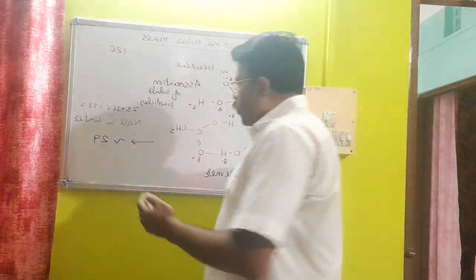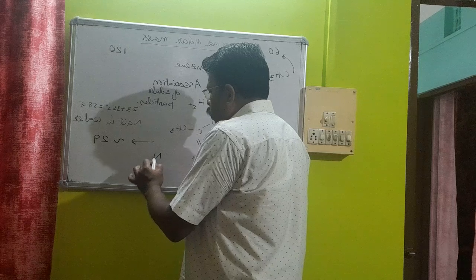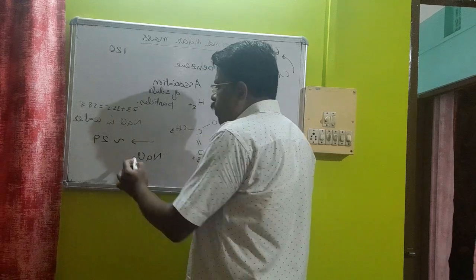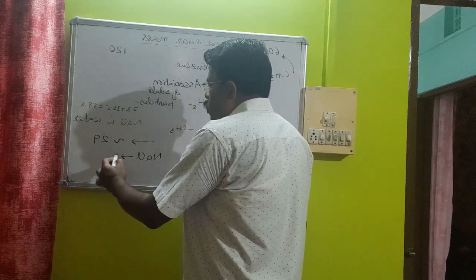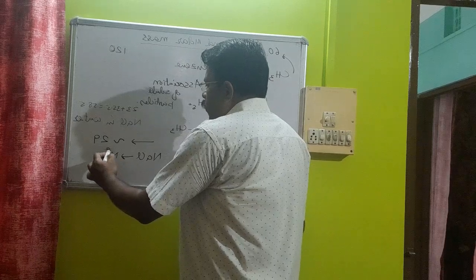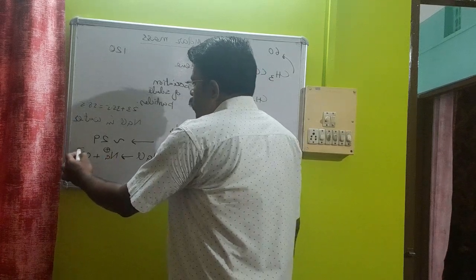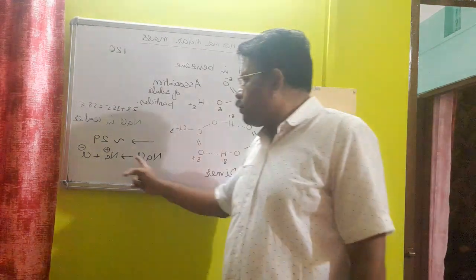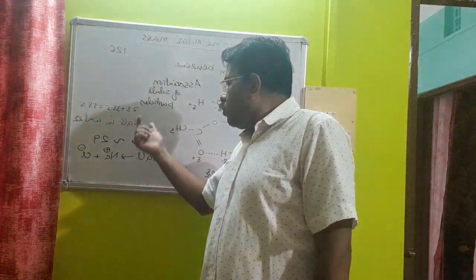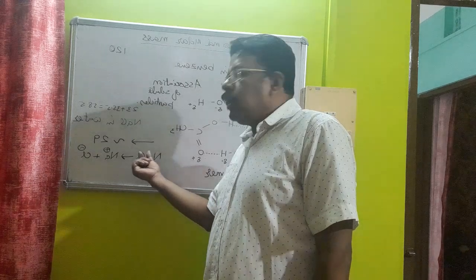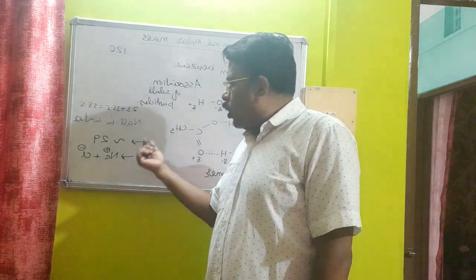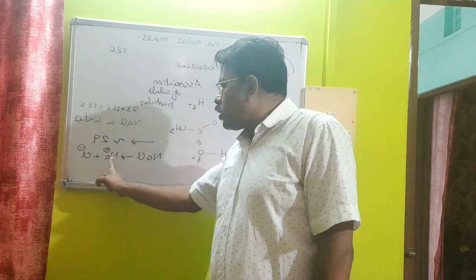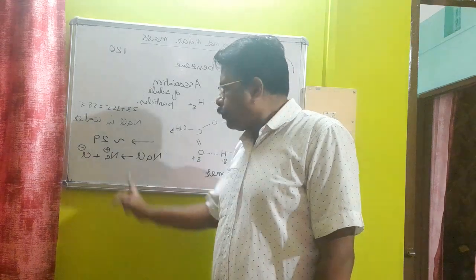It is very easy to find out the reason. NaCl is an ionic compound. It breaks down into Na plus and Cl minus. So in solution, NaCl is not existing. What is existing in the solution is this particle and this particle.